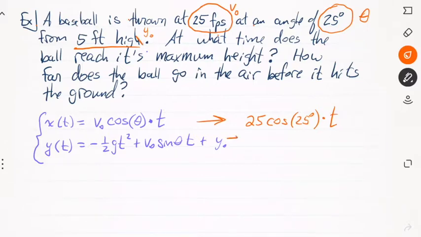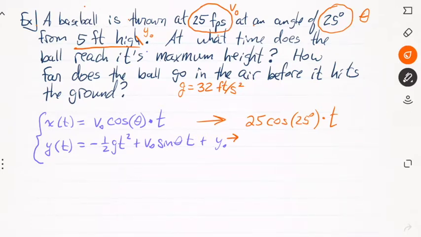And then the y equation is going to become, now here's where you have to be really careful. 25 feet per second and 5 feet high are telling us that g has to equal 32. And the measurement, if you want units for it, is feet per second squared.